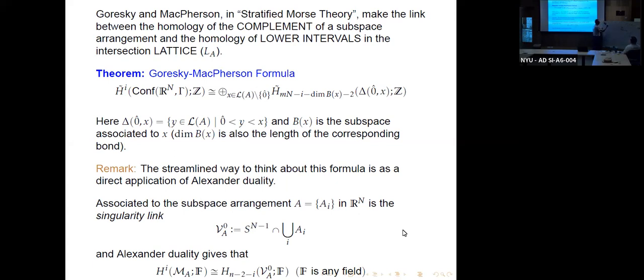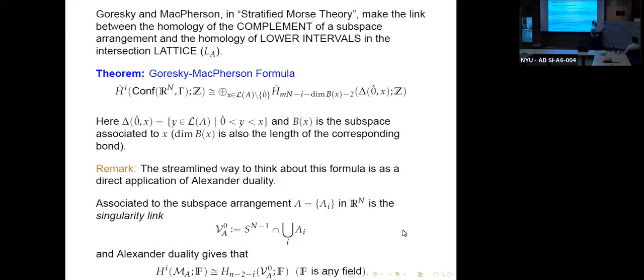So suppose you have an arrangement, which is these Ai's, like A1, A2, A3. These are arrangements in Rn, and you want to look at Rn minus the union of these. This is the complement of the arrangement, and you want the cohomology of this.